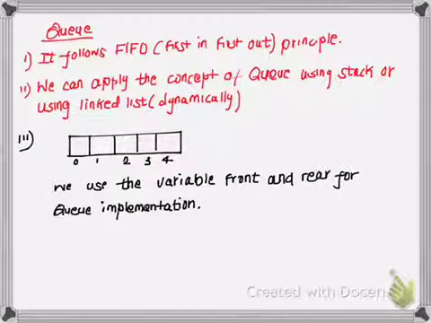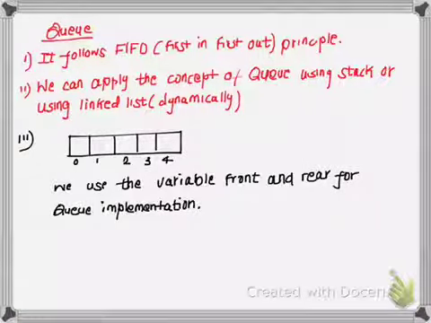So in this tutorial we'll be looking at queue, which is one of the important topics in data structure and algorithm. It is just one way to arrange or store the data in the memory.